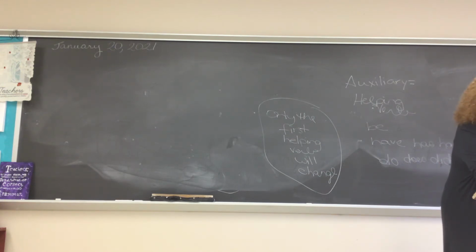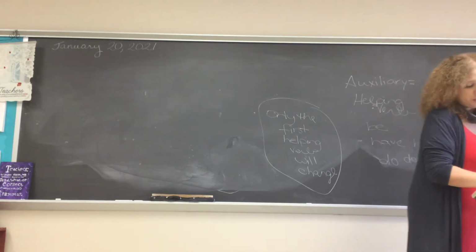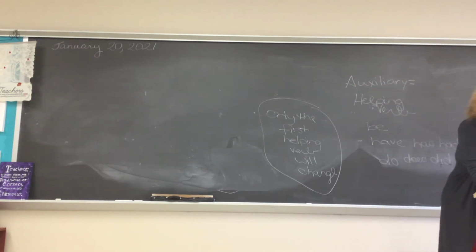Okay? Now, be has some special rules. Look at this with me and we'll talk about them. Whether it is functioning as a main verb or as a helping verb, auxiliary, the verb be is different from all other verbs in its form. Other verbs, including do and have, change form for singular or plural only in present tense. We just mentioned that with a third person subject.